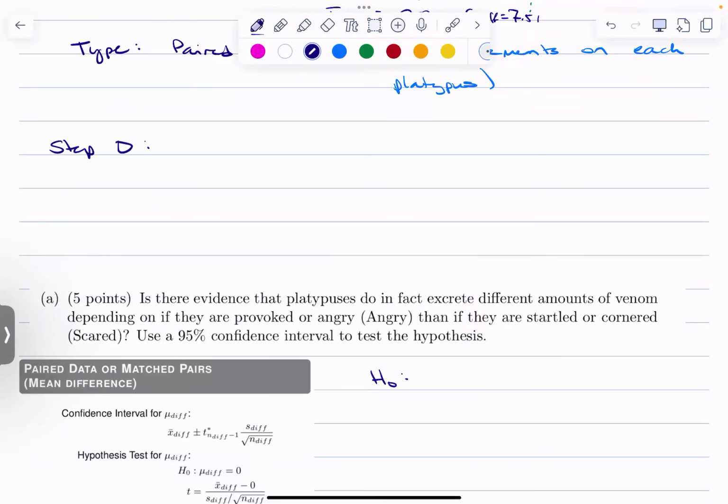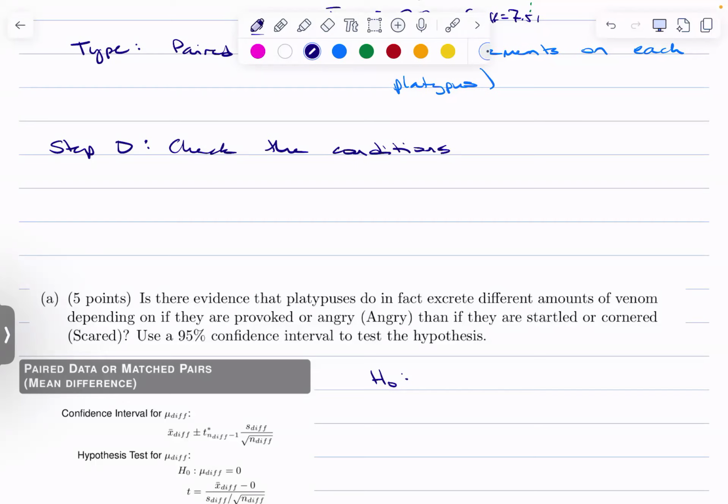Step 0. It's pretty bad I started calling it step 0, but it kind of stuck. Check the conditions. What are the conditions? Kind of weird because we have paired data, right? And so our 2 samples have to be paired. That's one of the conditions, right?